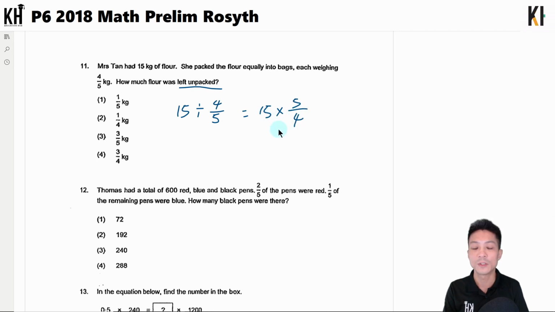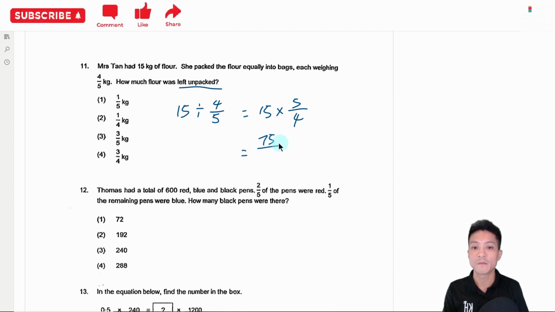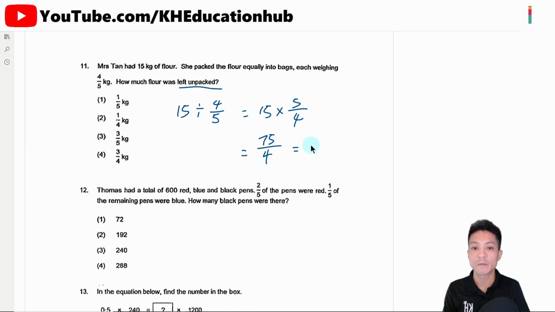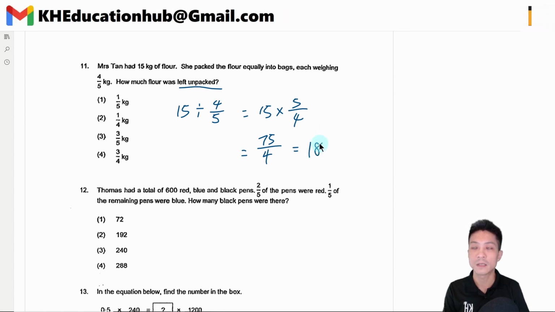There's nothing to reduce, so 15 times 5 will be 75/4. I'm gonna change this into a mixed number. Divided by 4 will give me 18 and 3/4.